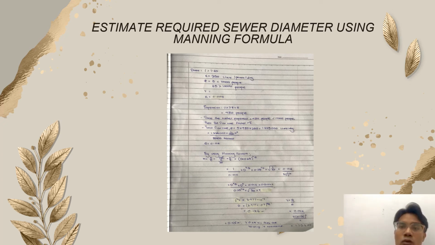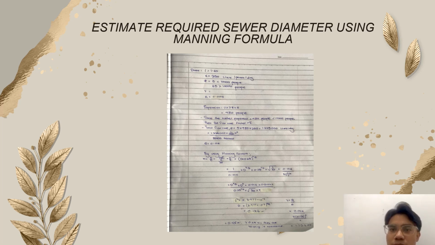So d power 2 over 3 multiplied by d power 2 equal to 0.014 multiplied by 0.014 and multiplied by 4 divided by 0.25 power 2 over 3 multiplied by square root 1 over 40 and pi. So the answer that we will get is 3.977 multiplied by 10 power negative 3. Then the d is 3.977 multiplied by 10 power negative 3, power again with 3 over 8. And we will get 0.126 meter for the diameter.